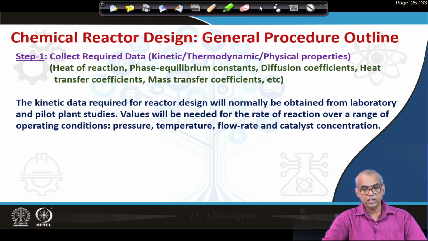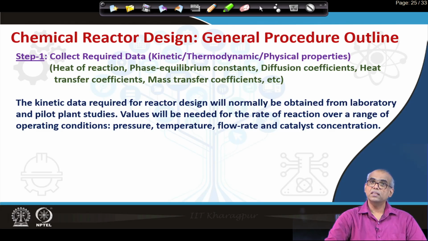The kinetic data required for reactor design will normally be obtained from laboratory and pilot plant studies. It is not very likely that you will obtain data for commercially attractive processes in open literature, because such data are generally protected for business interest.